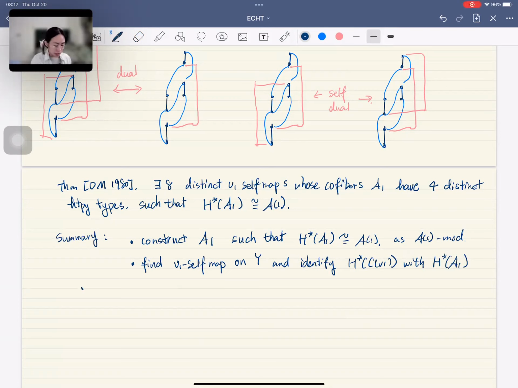And then they analyze the A module structure of A1, and that is the same as analyzing the homotopy types of A1 classically.